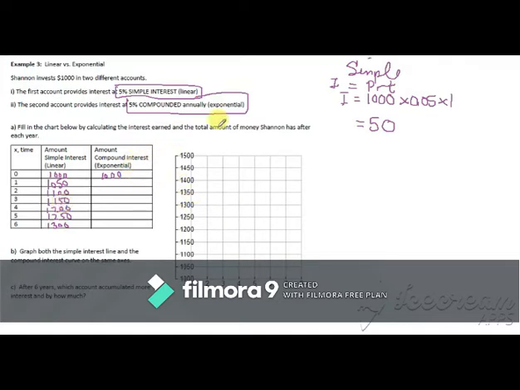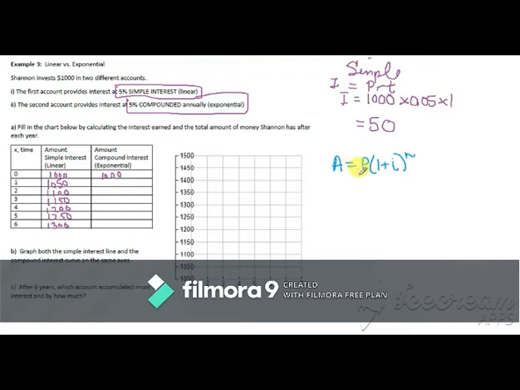I'm just going to change colors. In regards to the exponential, if we were compounding this annually, what we'd have to do is use P(1 + i) to the exponent n.